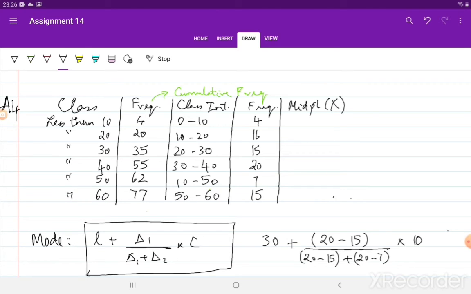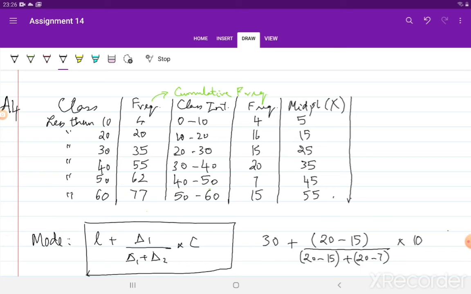So the midpoint can be calculated as lower limit plus upper limit divided by 2, which will give us 5, 15, 25, 35, 45 and 55 as x.